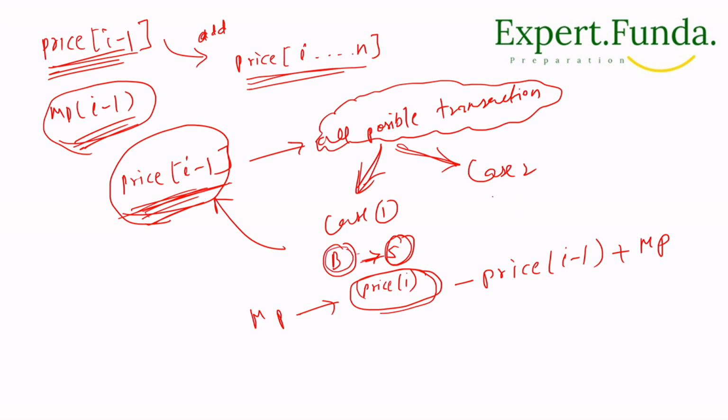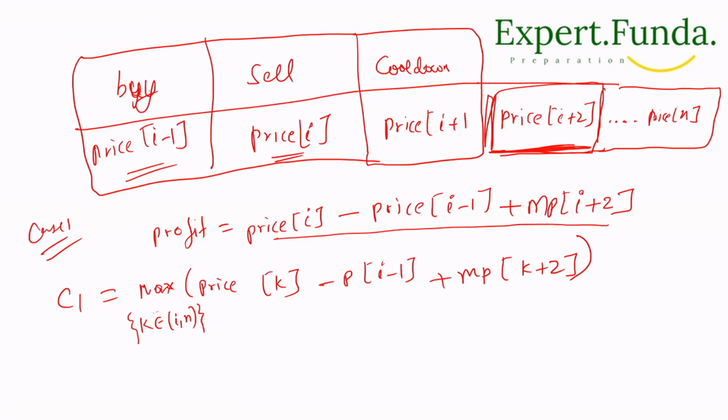And this is the case where we do nothing with this stock, and the maximum profit that we can gain from this case would be MP of I, correct? And this MP of I is our case 2. So case 2 will look like C2 equal to MP of I. So both cases are here.